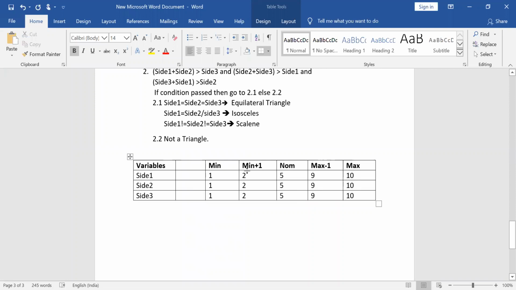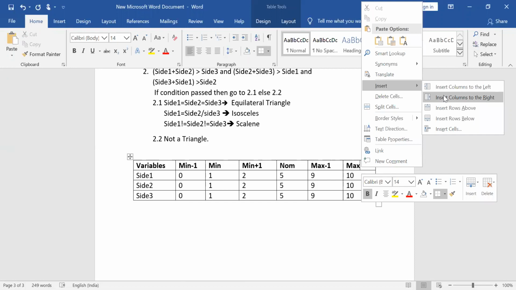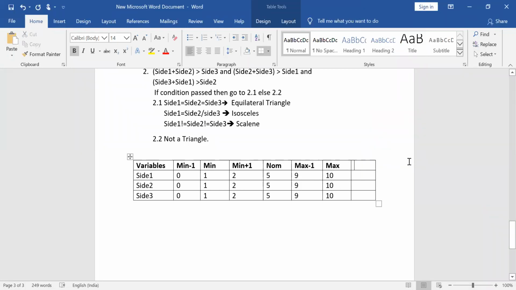So this is one value. Only we will be taking a value less than 1, which is 0, 0, 0. So here I need to add one more column, right? This is max plus 1, and max plus 1 here is 11.